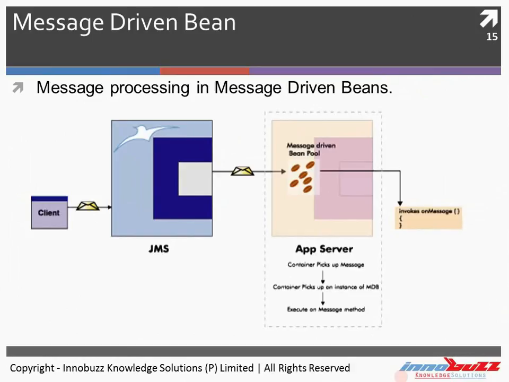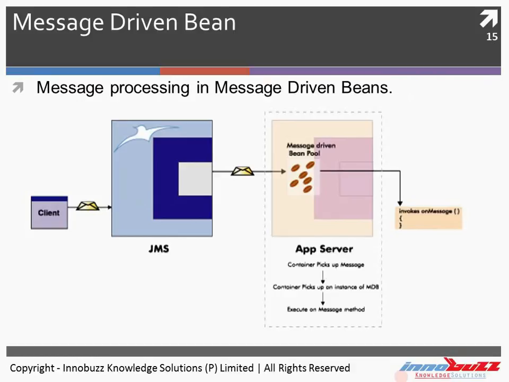If you see here, there is a client interacting through JMS, which in turn reaches the message-driven bean that runs within the application server. The container will handle these message-driven beans. Therefore, it will pick up the messages. Also, it will pick up an instance of the message-driven bean and execute the onMessage method.